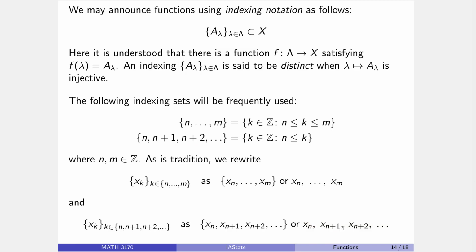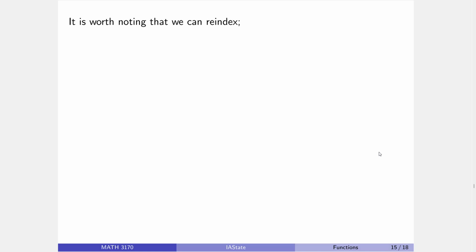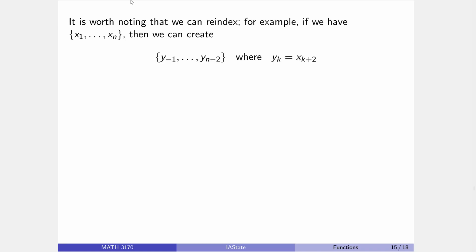So these sort of index sets are going to play a pretty big role in a lot of the stuff we do, especially when we're talking about bases for vector spaces. We're going to generally run into these. And something else that we're going to do with index sets is a reindex, which means I can take a list of things that start from 1 to n, but then I can shift it, and instead of starting at 1, I can start at negative 1.